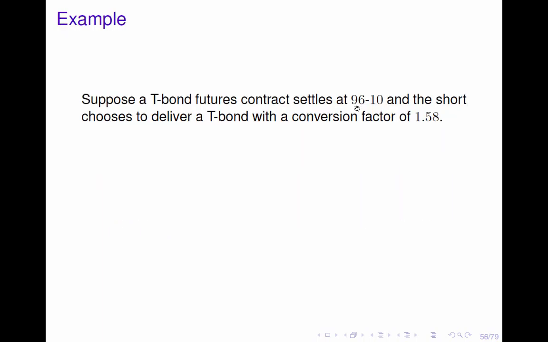Here's an example of a T-bond futures contract. Suppose the contract settles at 96-10, and the short position chooses to deliver a T-bond with a conversion factor of 1.58.